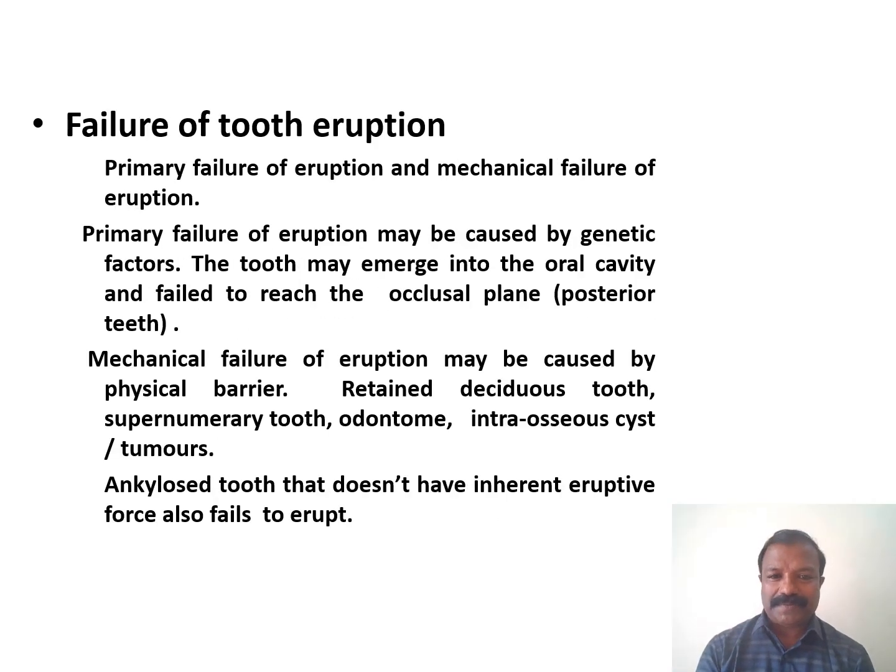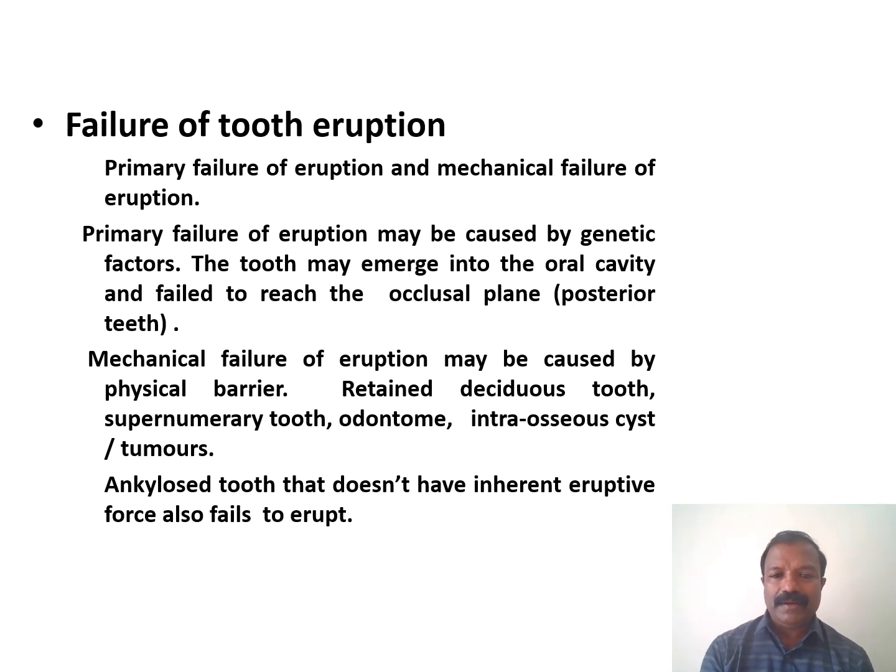Failure of tooth eruption. Primary failure of eruption and mechanical failure of eruption are there. The primary failure of eruption may be caused by genetic factors. Here, the tooth may emerge into the oral cavity and fail to reach the occlusal plane, mostly happening in the case of posterior teeth.